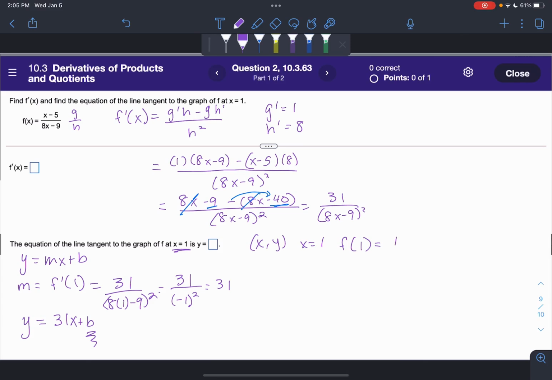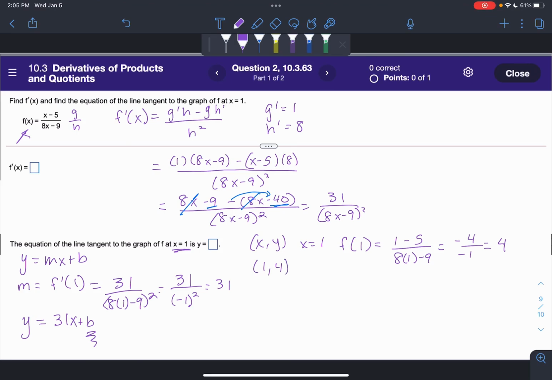I'm just going to plug in 1 wherever I see an x in my original function up here. 8 times 1 minus 9. So I have minus 4 over minus 1. So I have a y value of 4.